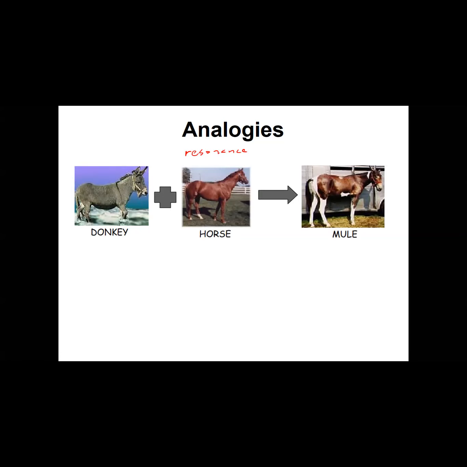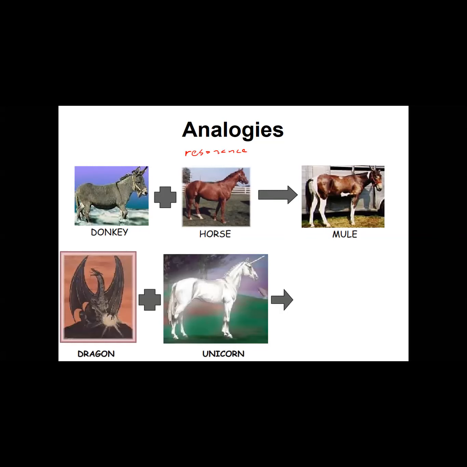Now, what do you think is the result when I combine a dragon and a unicorn? Because usually, if we write the Lewis structure of a resonance, we put there two or more. But they don't really exist, just like the dragon and the unicorn. Okay?